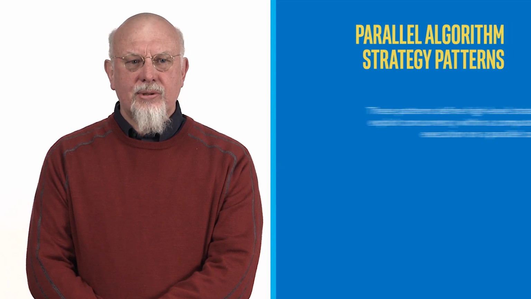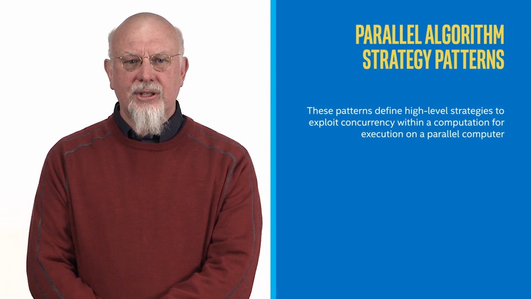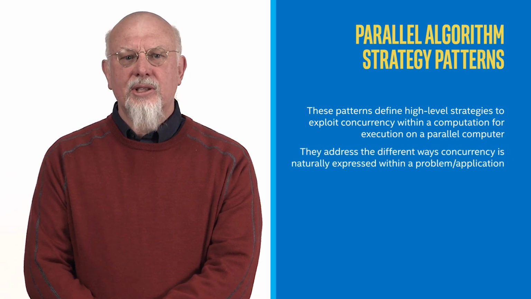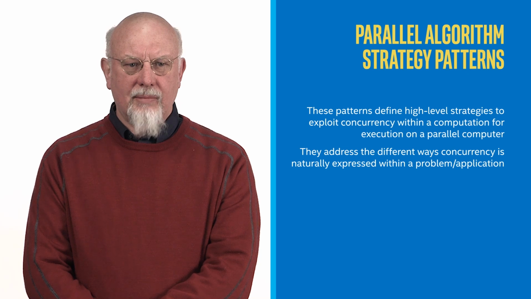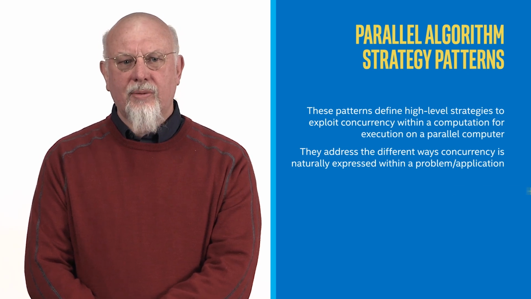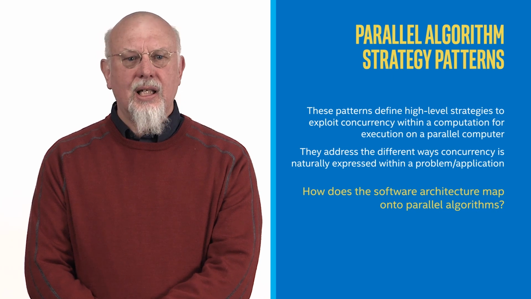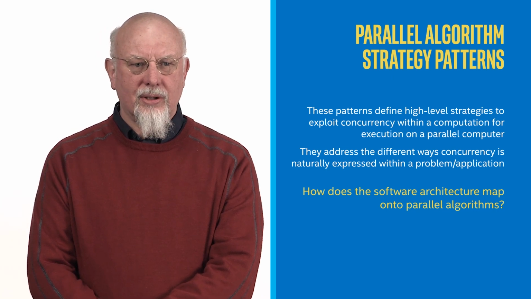So the parallel algorithm strategies define the high-level strategies used to exploit the concurrency within a computation when it executes on a parallel computer. And they address different ways in which the concurrency is naturally expressed within a problem application. Or to put it another way, how do we take the high-level software architecture that we have developed and map that onto a parallel computer?